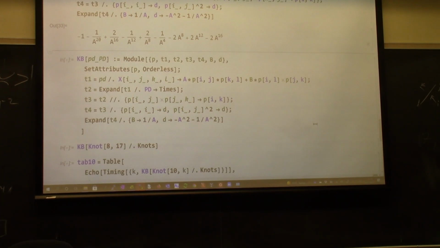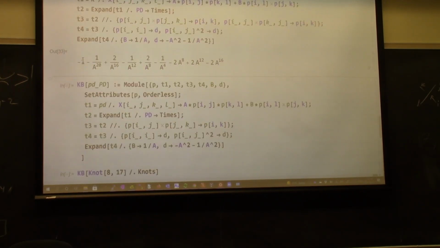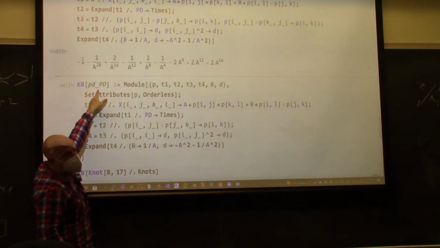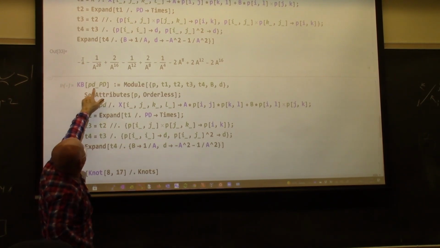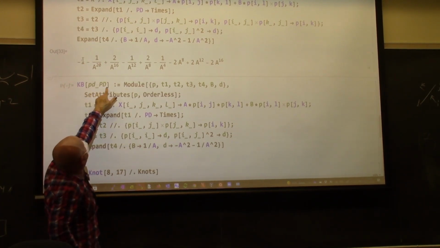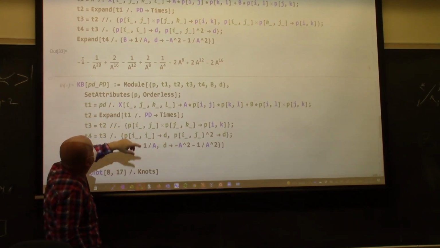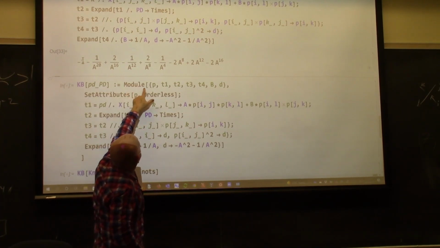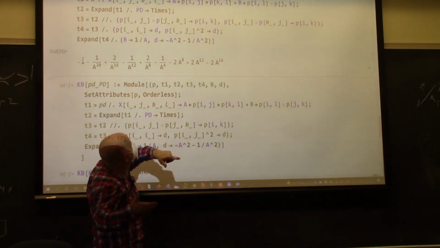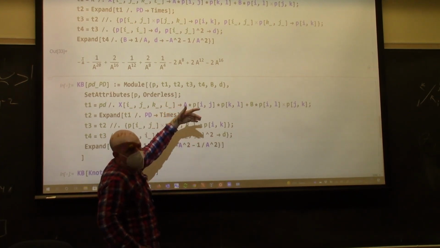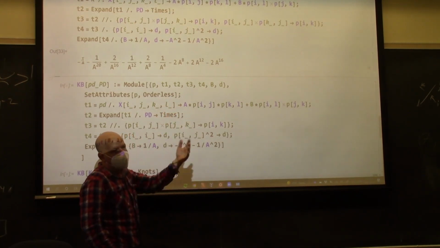Anyway, so now let's turn it into an official program. Okay? So I define KB for Kauffman bracket of a PD, so something called lowercase pd, which begins with the symbol PD, so basically the PD notation of a knot. It's a module with local variables I don't want to see again, or I don't want them to interfere with whatever definitions they might have outside.